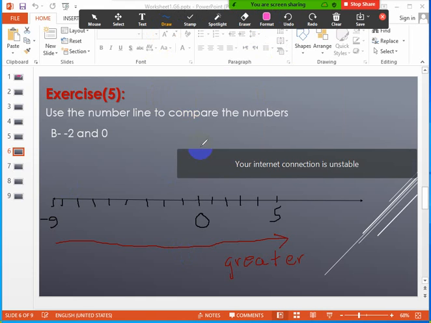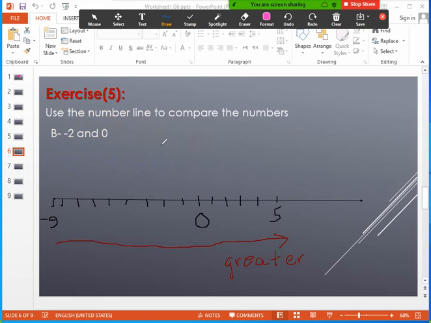Okay, so here I have -2 and 0. I want to compare between those two numbers. Which one is the greater and which one is the smaller? Okay, now this is 0 point, and -2 will be on the left side of 0. This is -2. Which one is the greater?